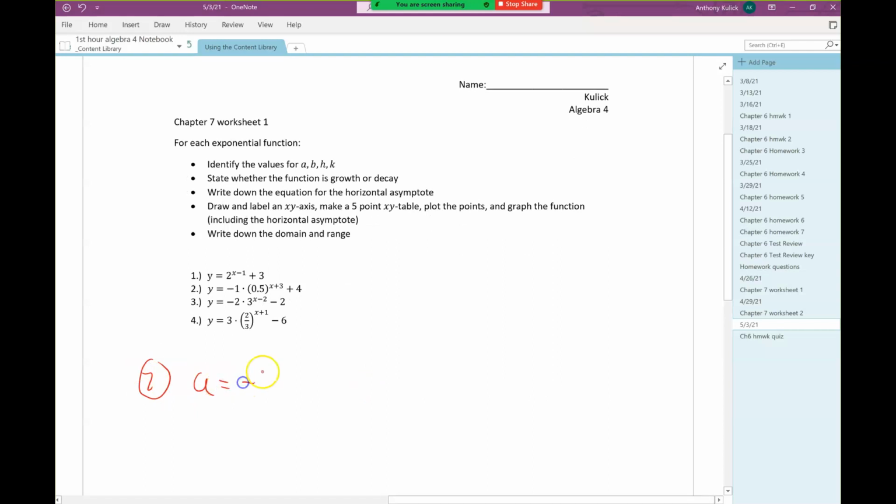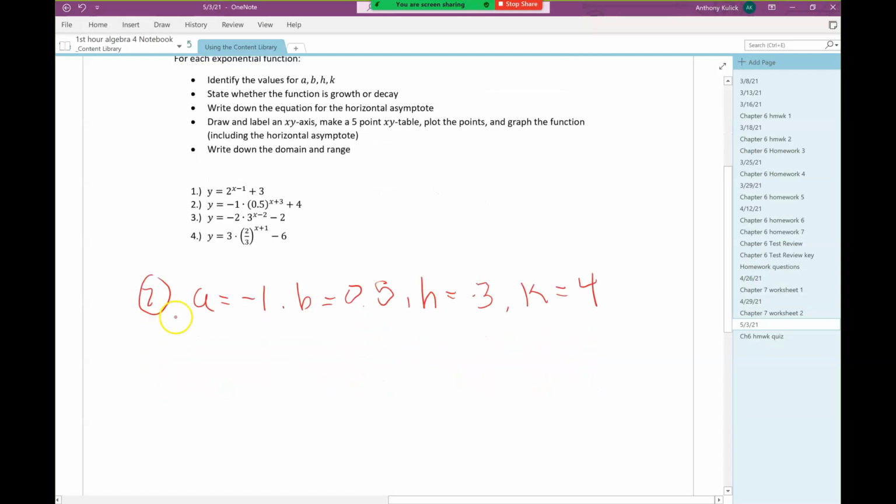It says list the values for A, B, H, and K. So those are my values for A, B, H, and K. Are we okay doing that? Okay. It says state whether this is growth or decay.